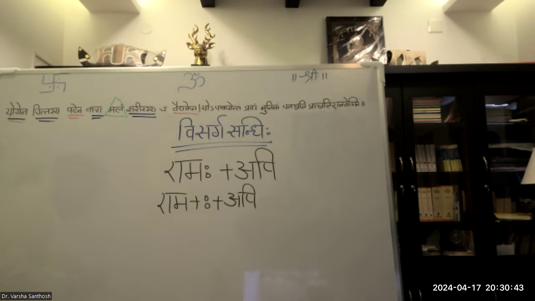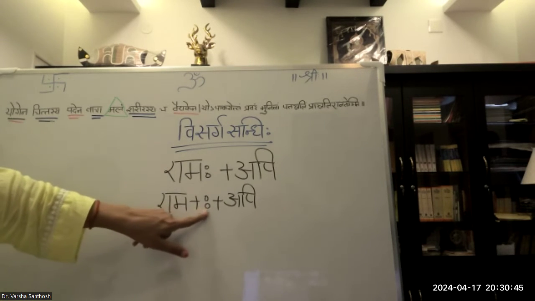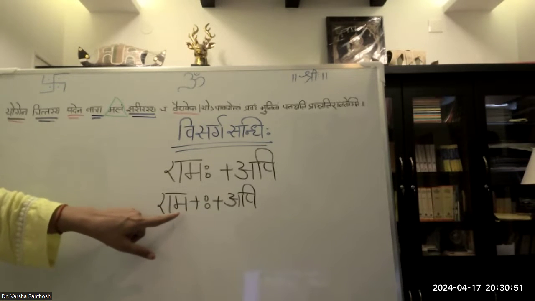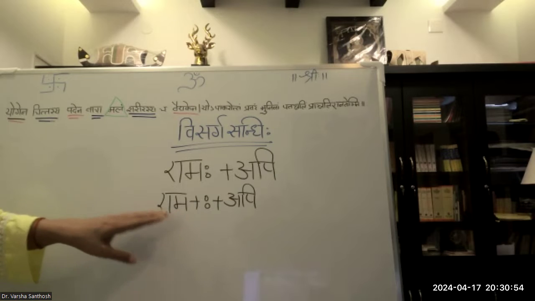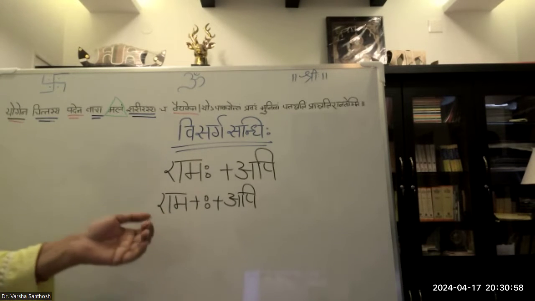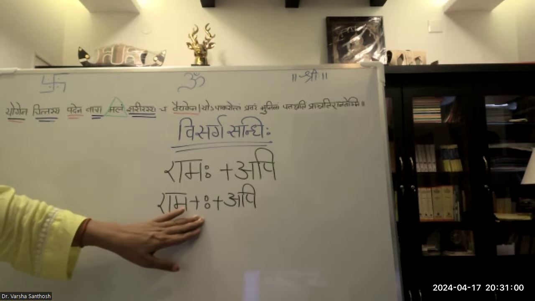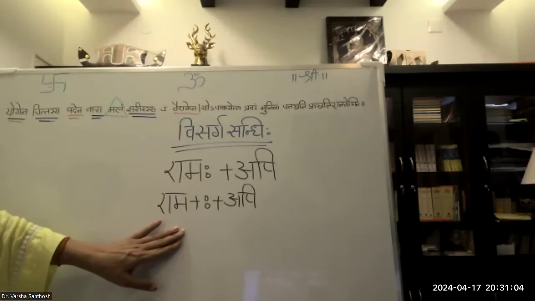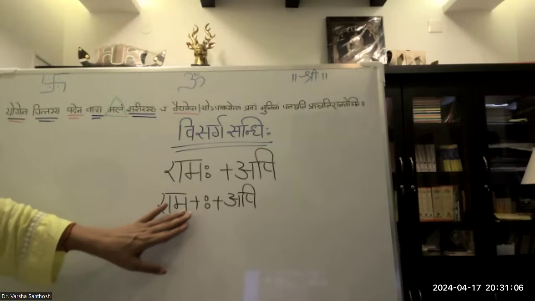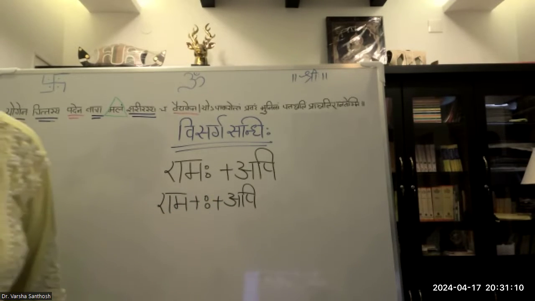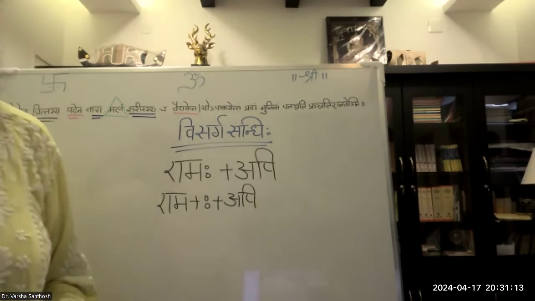So now, if before the Visarga there is a Hrasva Swara, over here Rama, Ma means Ma plus A, correct? So this A is a hrasva, short a. When this condition is there, that before Visarga there is a hrasva, and it is followed by either a hrasva swara or a mrudu vyanjana, soft consonant.